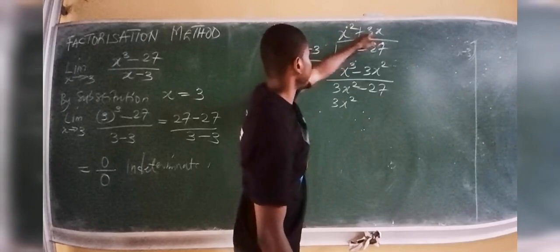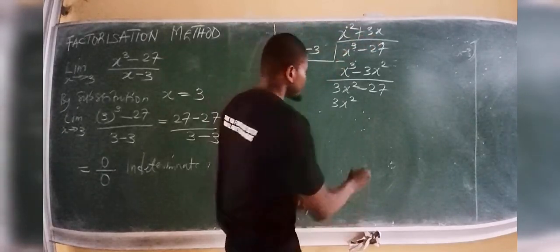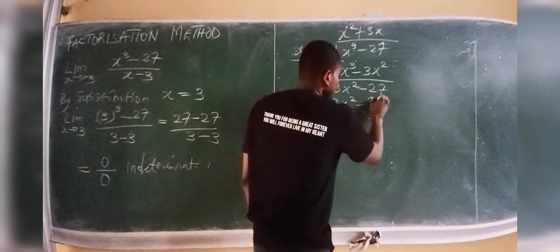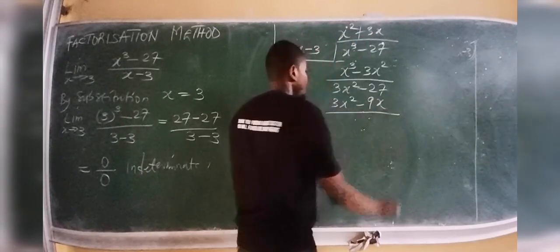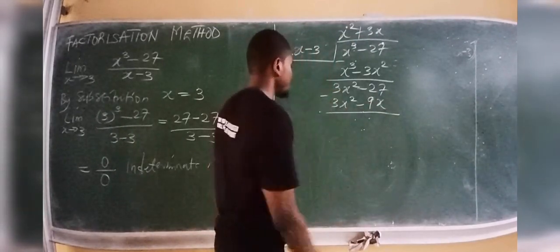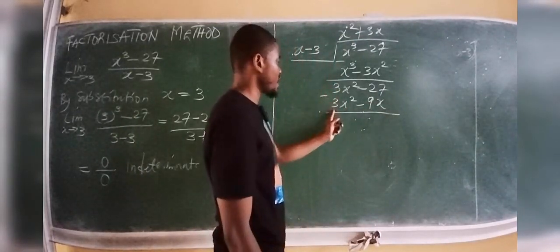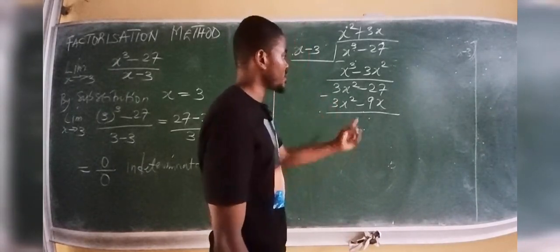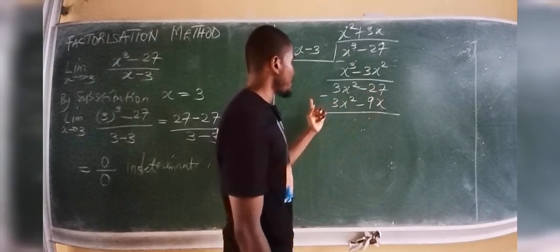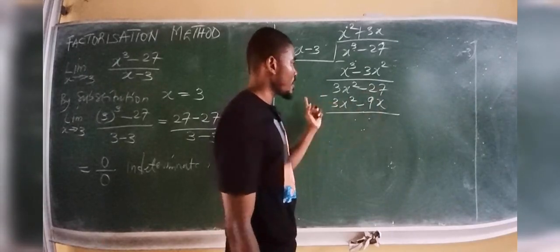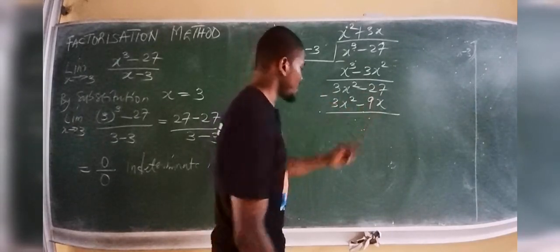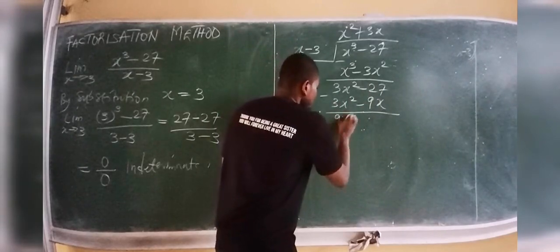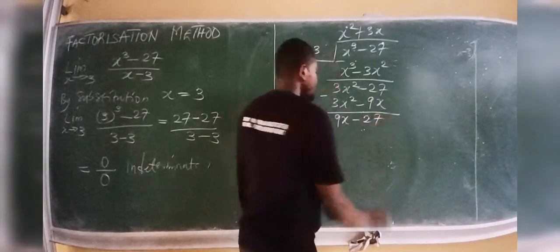Now plus 3x multiplied by minus 3 gives me minus 9x. Then you rule, put your subtraction line. 3x squared minus 3x squared is 0. Then also pay attention now, this becomes minus 27 minus 9x. Minus becomes plus, so I have 9x minus 27.